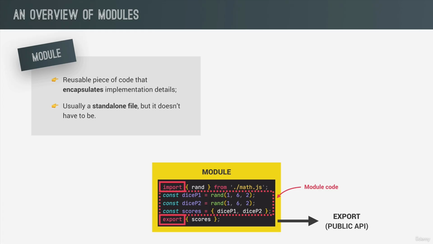Now, in the case of modules, this public API is actually consumed by importing values into a module. So just like we can export values, in modules we can usually also import values from other modules. And these other modules from which we import are then called dependencies of the importing module, because the code that is in the module that is importing cannot work without the code that it is importing from the external module, right?